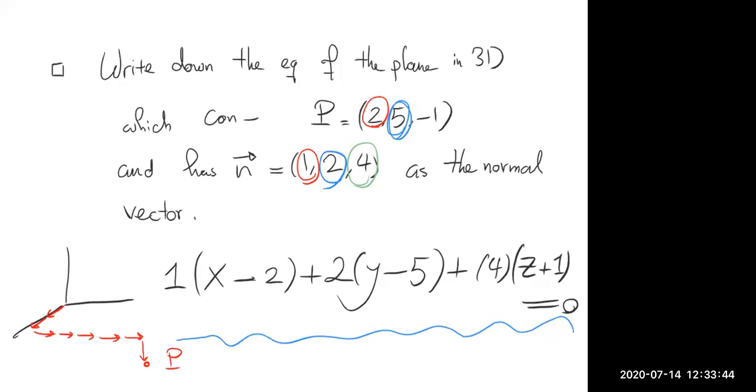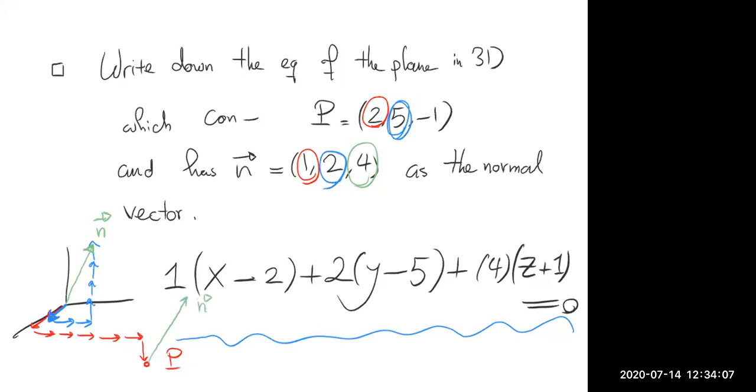So this is P. And what is the normal vector? The vector n is 1, 2, 4. If we connect the origin to that point, we get the vector n. Now we should move this vector to P. We should just bring it here.